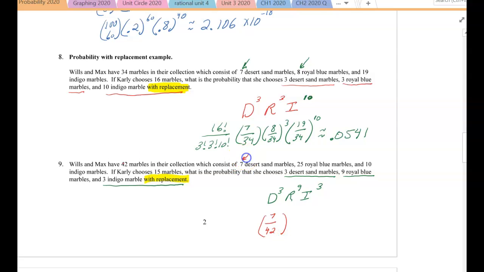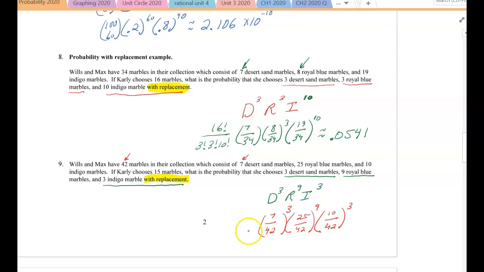That's this 7 out of the total 42. Chance of a royal blue, 25 out of 42. And indigo, 10 out of 42. And I forgot to write the exponent, so it would be 7 out of 42 cubed, 25 out of 42 to the 9th, 10 out of 42 cubed.